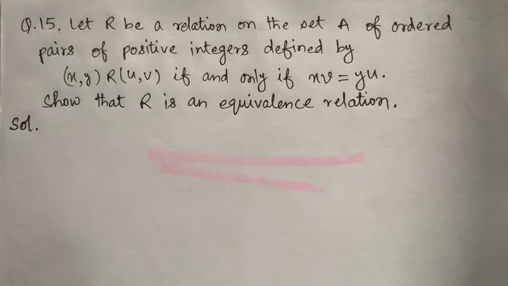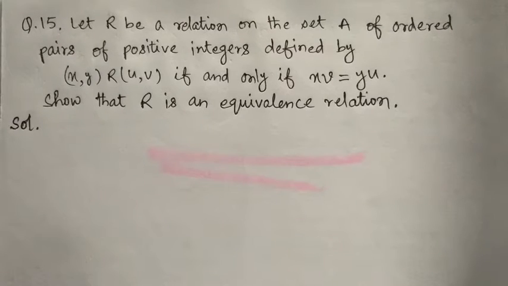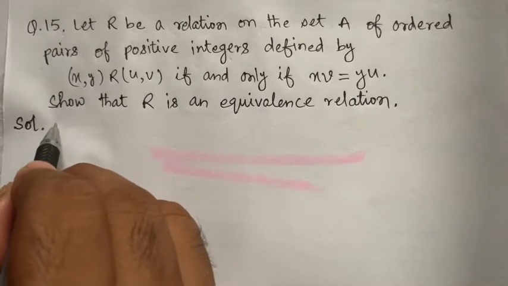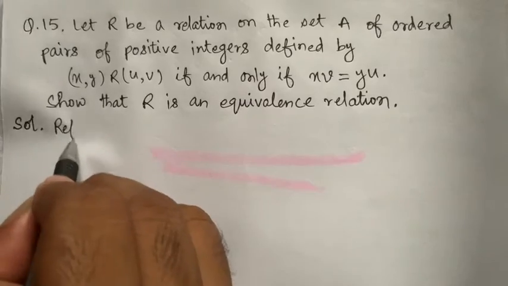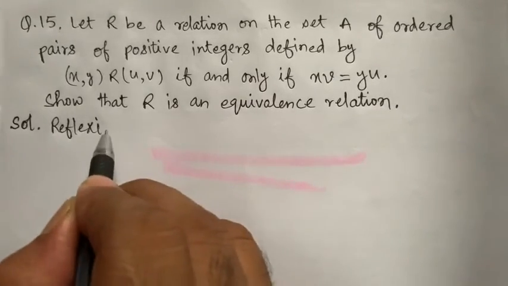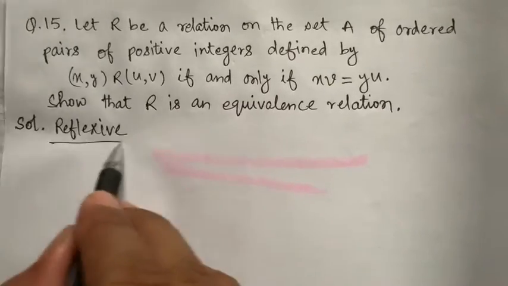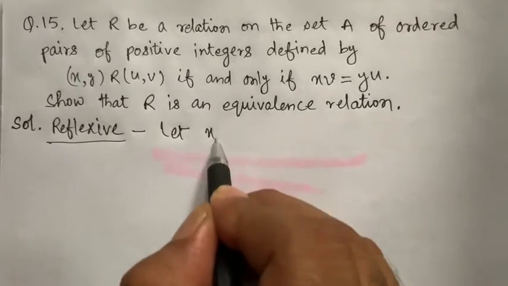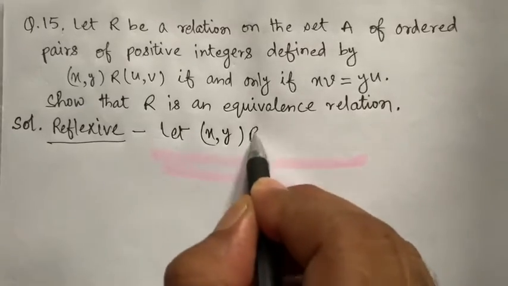To show any relation as an equivalence relation, what we need to prove? We need to prove the relation to be reflexive. Now what we need to show for reflexive nature: let (x, y) be related to itself.